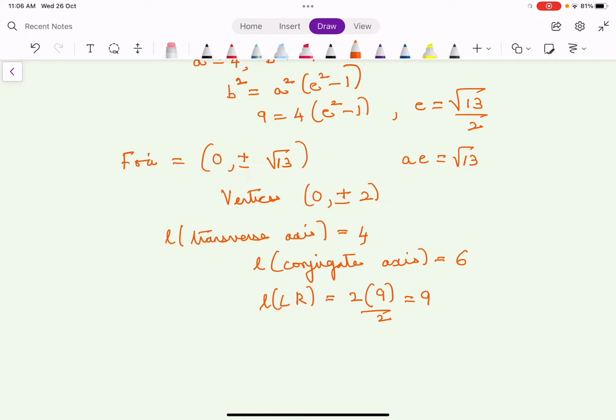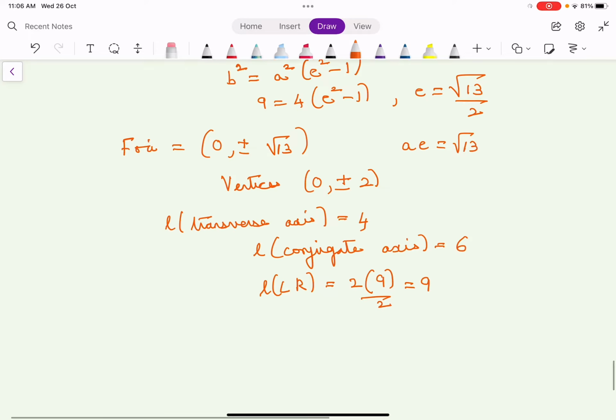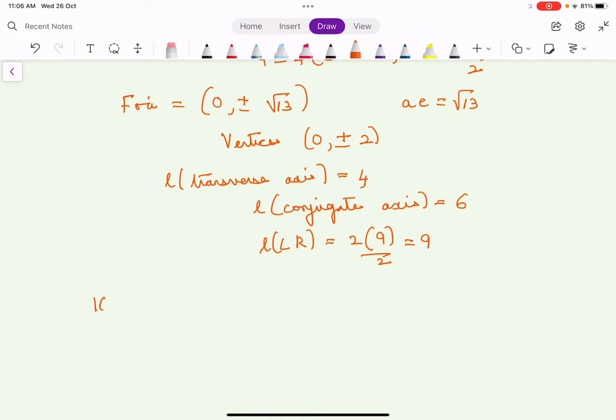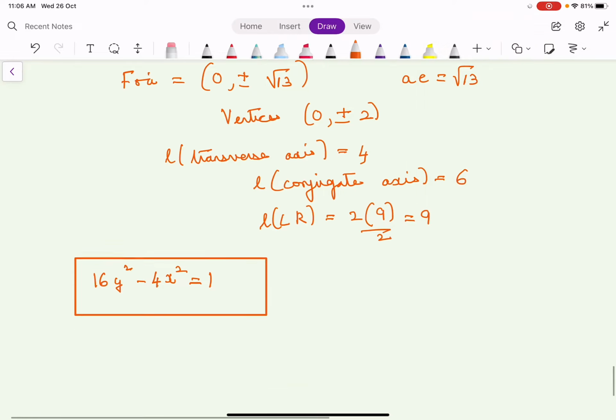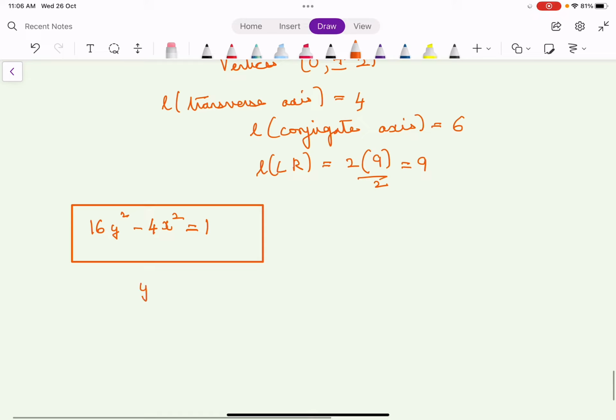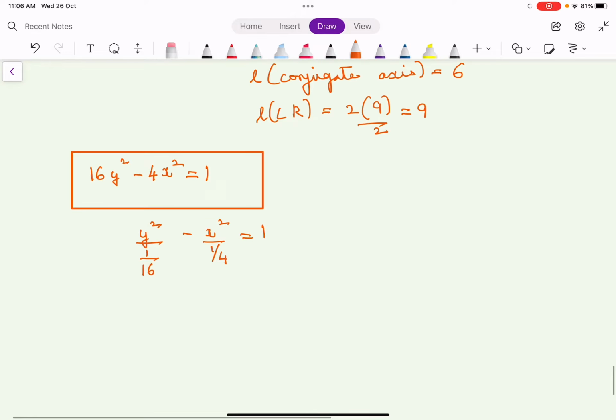So the next question is again similar to this. For the hyperbola, 16y squared minus 4x squared equal to 1. Find all the above. So we can simplify this and write it as y squared by 1 by 16 minus x squared by 1 by 4 equal to 1. It's of the second form. Your a squared is 1 by 16 here. b squared is 1 by 4.